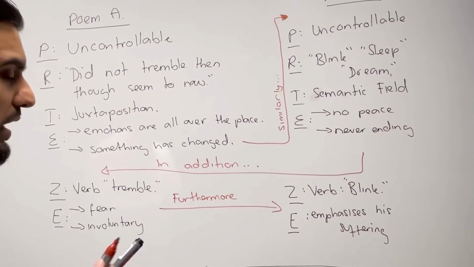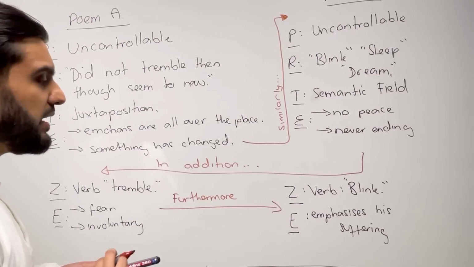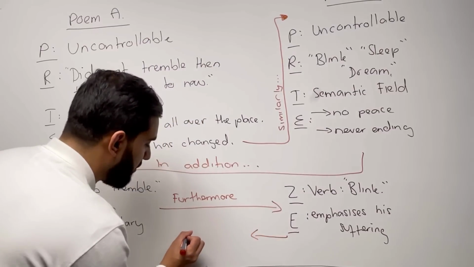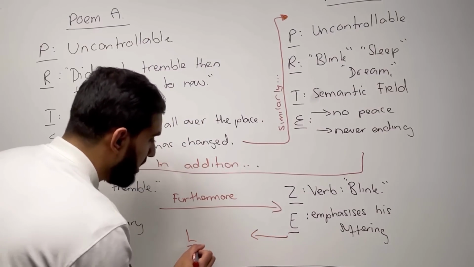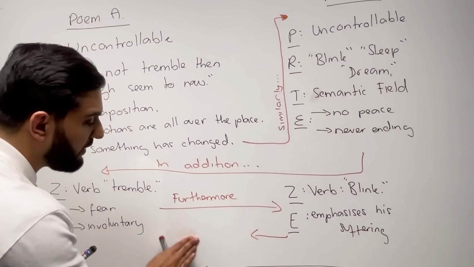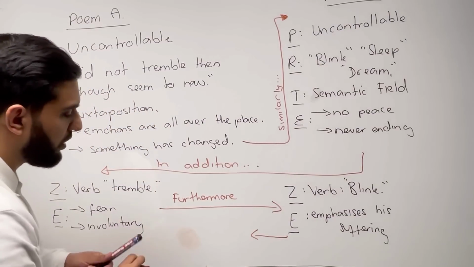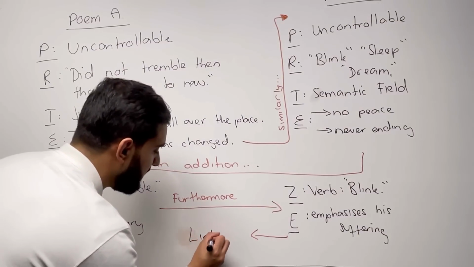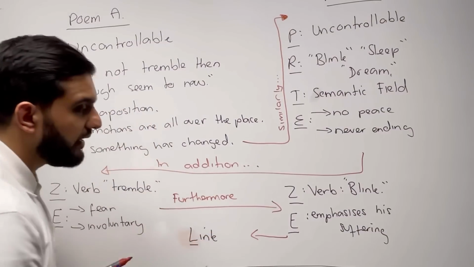Now, how do we end our paragraph? We end it with one simple way. We end our paragraph, guys, with a what? Why am I doing a brown and ruining the color scheme, guys? We end our paragraph with the last part, which is the link. Guys, this is the link.